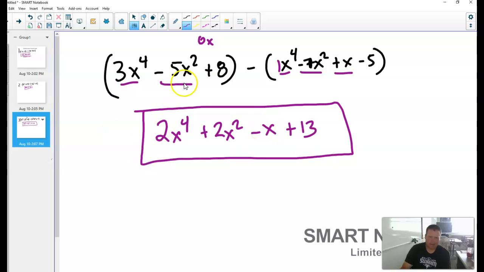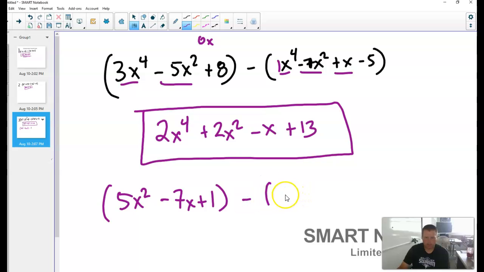Okay. And if it's in the first one, so let's say we had like 5x squared minus 7x plus 1, and let's say that was subtracting from x squared plus 8. So when you go to subtract these, I've got these two terms which you can subtract, which will give me 4x squared.